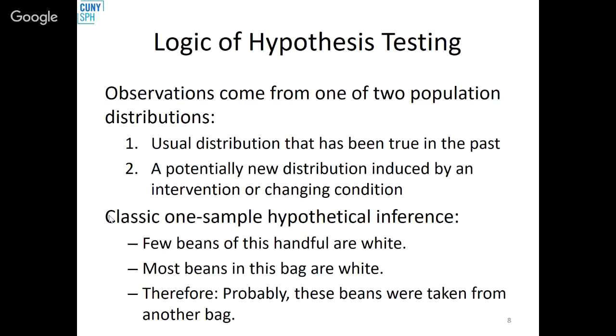Then this handful did not come from this bag, because even though it's theoretically possible to find that many brown beans in this whole bag, if you just picked randomly, you're going to get a proportion of white beans that's approximately the same as the bag. So in that case, you would reject your null hypothesis, or say that probably these beans were taken from some other bag, because the distribution is just too different. That's sort of all there is to hypothesis testing.